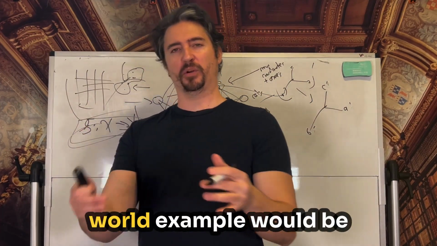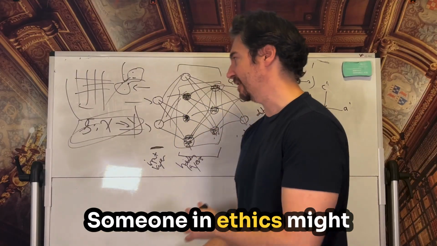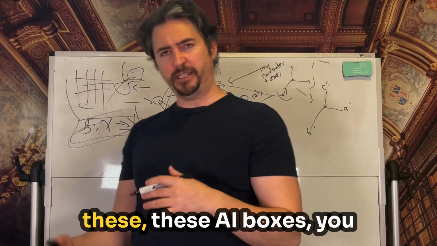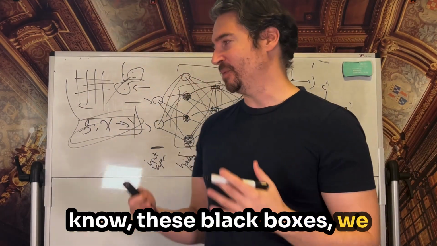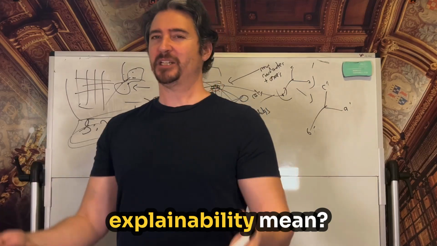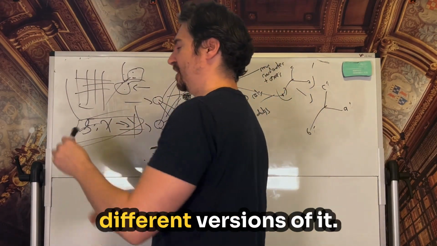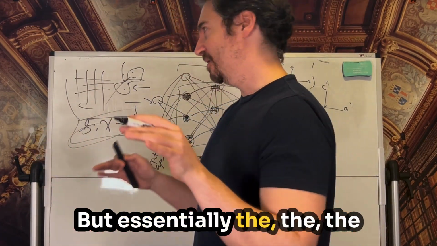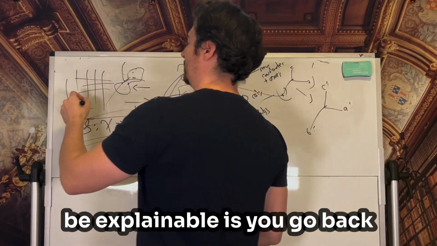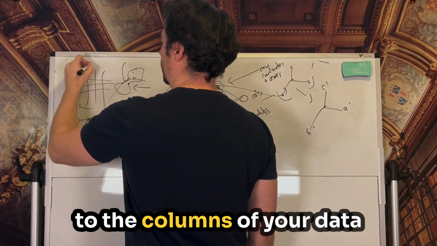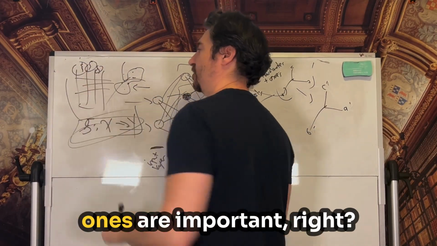A real world example would be AI ethics. Someone in ethics might say we've got to make these black boxes explainable. Well, what does explainability mean? There are different versions, but the leading way to make a model explainable is to go back to the columns of your data set and tell me which ones are important.